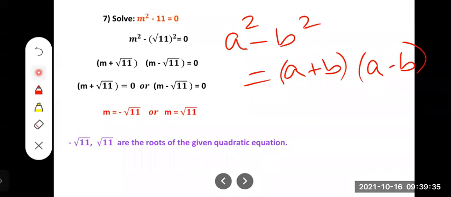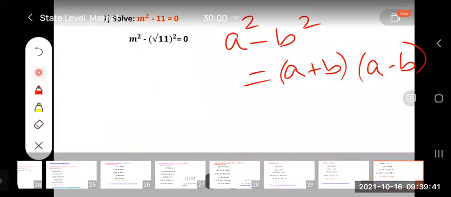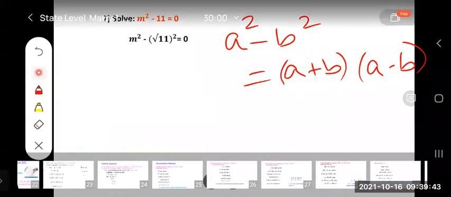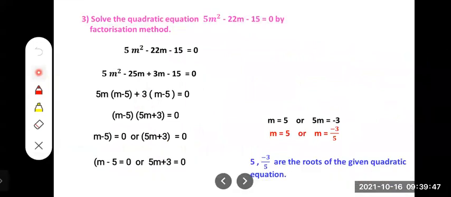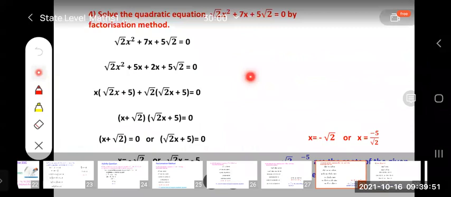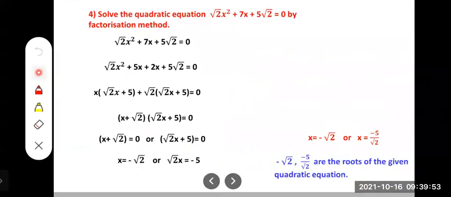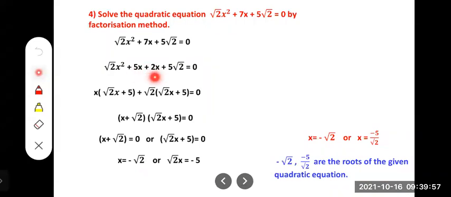Ma'am, that fourth one sum will you explain again? Which fourth one? Wait. This one? Yes, ma'am. Okay, so here, where you are feeling difficult, tell me. To find the middle number?